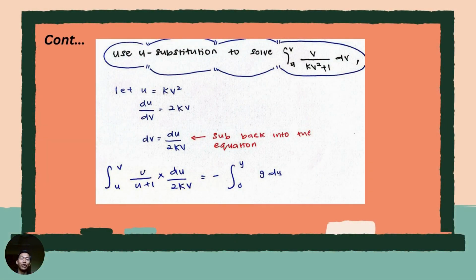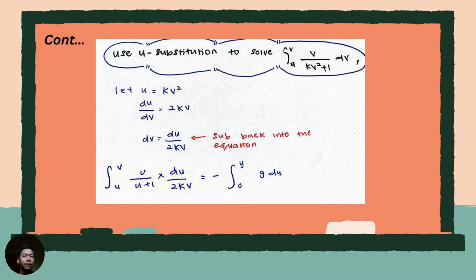Hi everyone, my name is RICKO JOHON. So today I will continue with the next step, which is to use substitution to solve this integration, which is the integral of v over kv squared plus 1 dv. So first step we need to do is we let u equal kv squared, where du over dv is equal to 2kv.